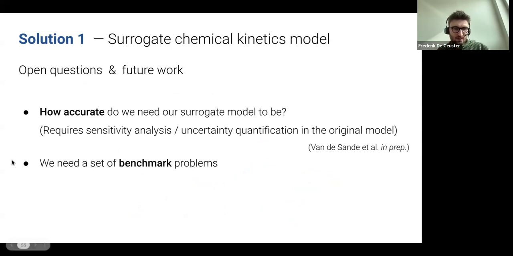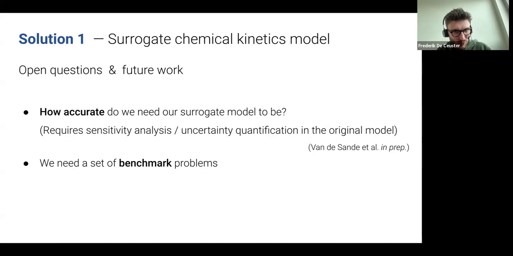Another thing that we desperately need is a benchmark for this kind of problem, because now we have a particular set of models in which we know that it works, but everyone in our field is working on their own toy models. So I hope in September there will be a workshop where we all come together and agree upon a whole set of benchmark problems so that we can find out which models are performing best on these systems.